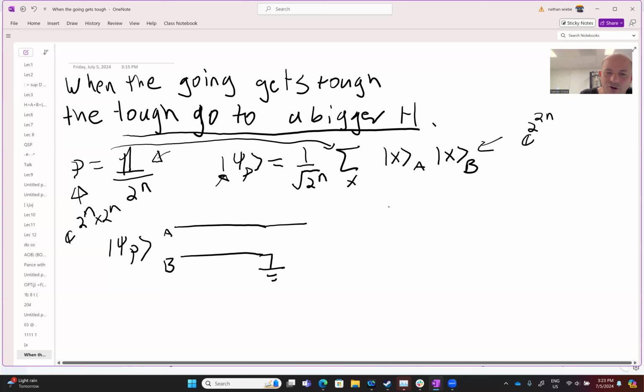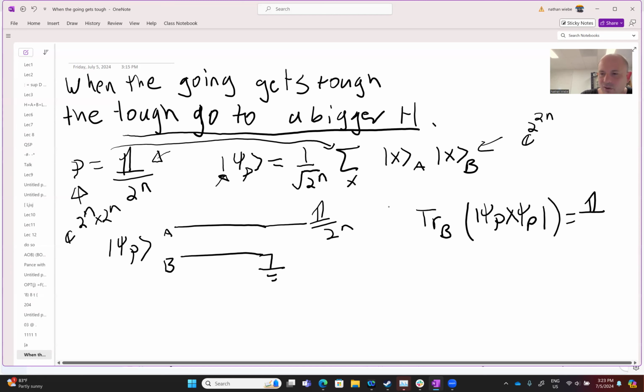And in this register, we will end up getting the maximally mixed state. More formally, we'd say that the trace over B of psi rho is equal to identity over 2 to the n. And a quick calculation can verify that this is true.